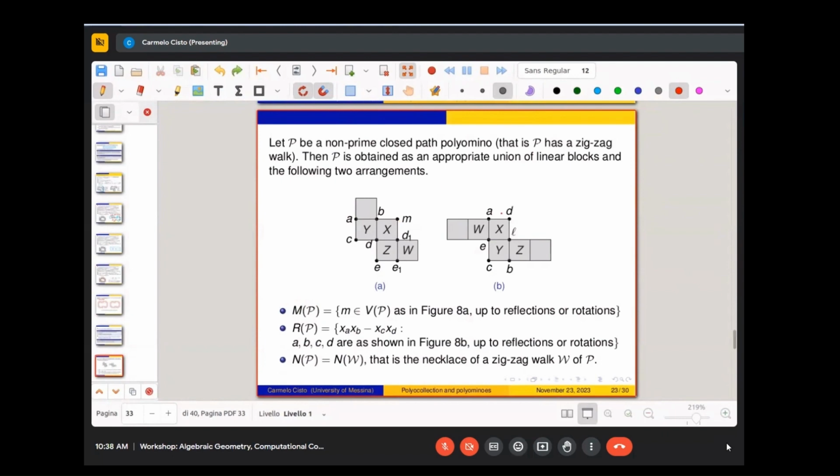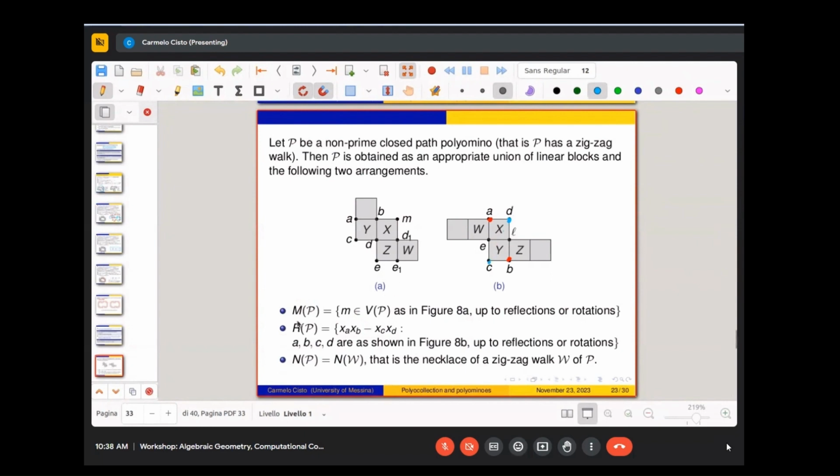Then, considering the second configuration, in all appearances up to reflection or rotation, we associate this binomial, that is the product of the variables associated to these two minus the product associated to these two.